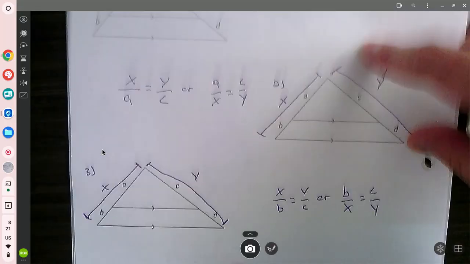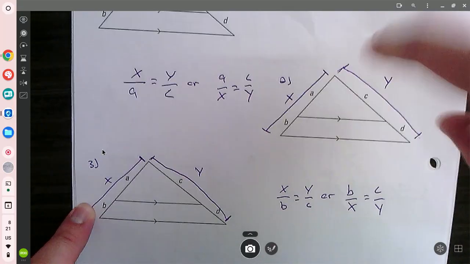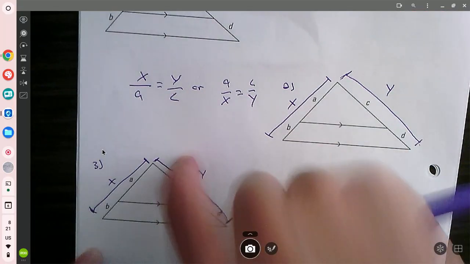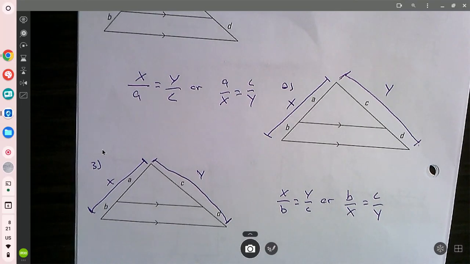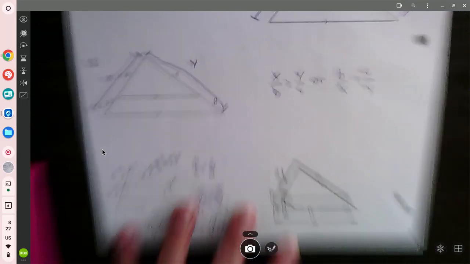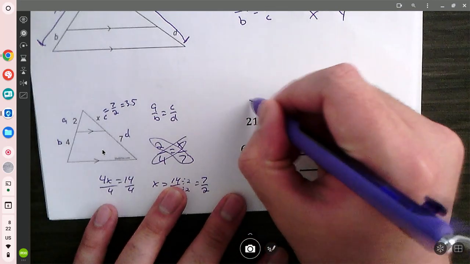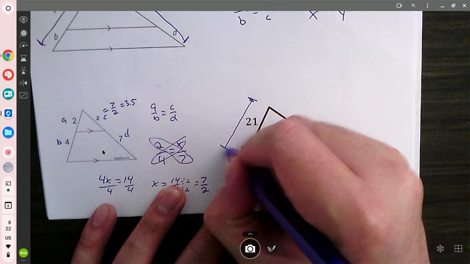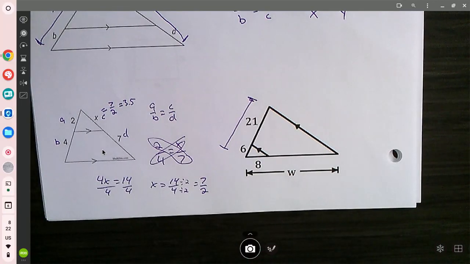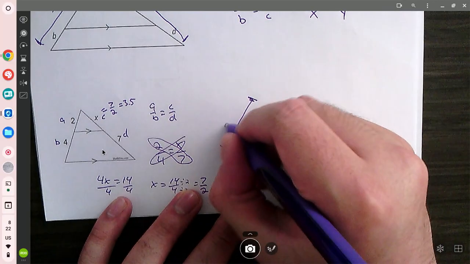So the only ones with full distance were the second and third triangle, where we had the x and y, x and y. I need to know the distance of both sides. So for this example, we have one side being W. I now need to know what my other side is equal to. 21 plus 6 is equal to 27.